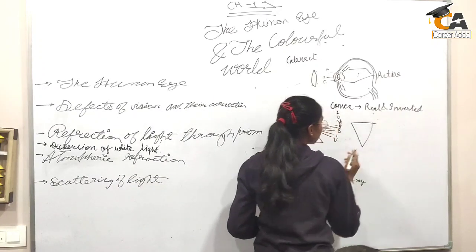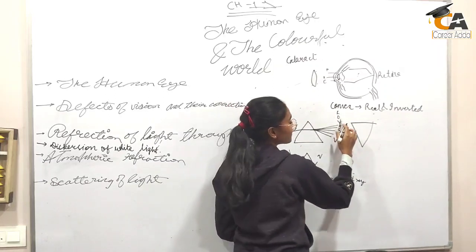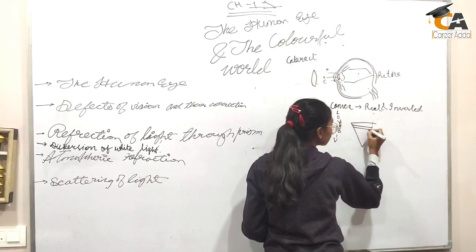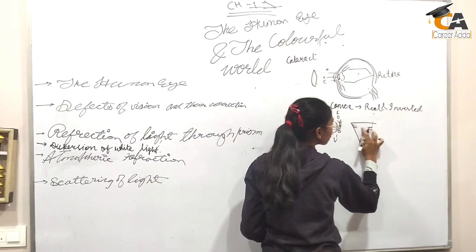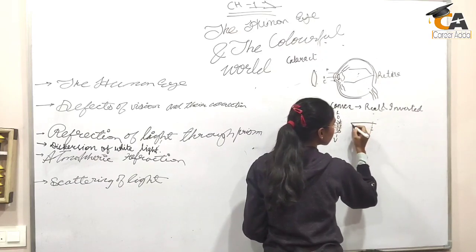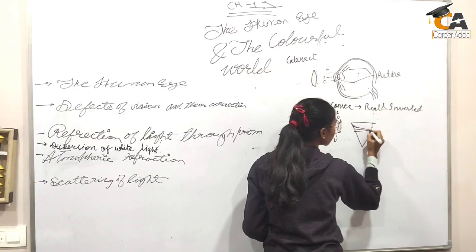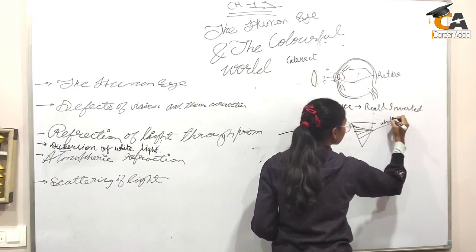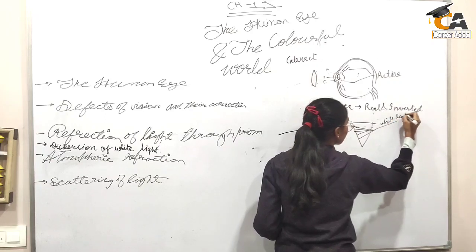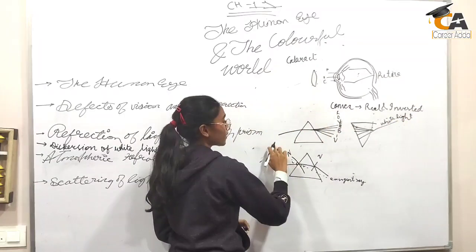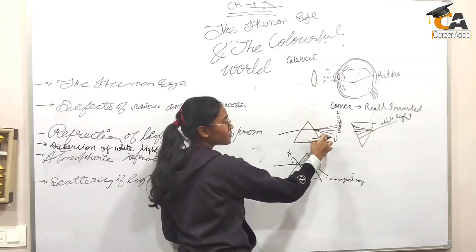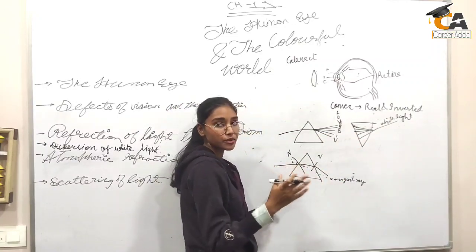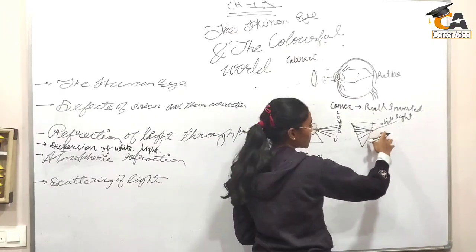When these lights were passed through it, a white light emerged. So according to his theory, when white light passes through a prism, 7 different lights are formed, and when these 7 lights are again passed through an inverted prism, a single white light is formed.